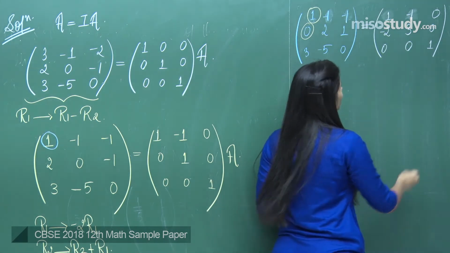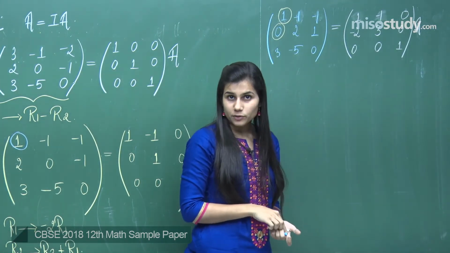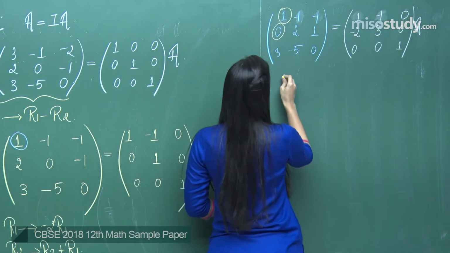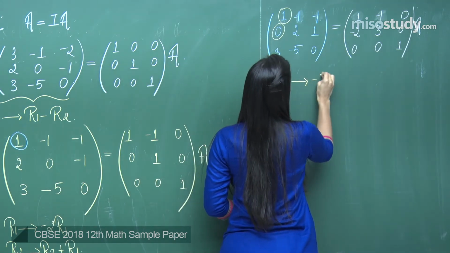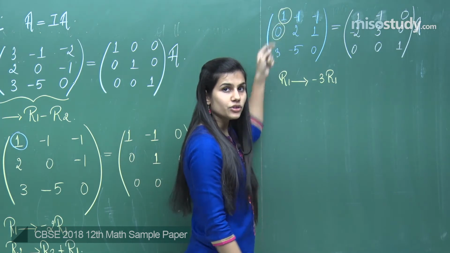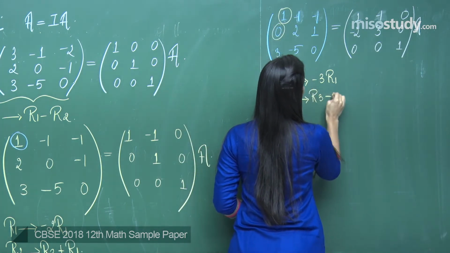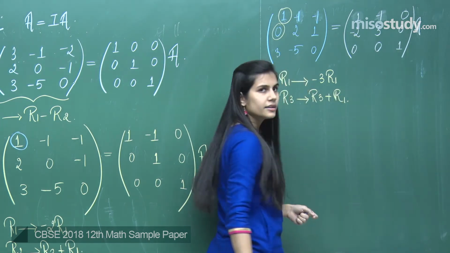Now over here, if you have got this, one more step which can be done, after which I am going to stop, is that you can say row 1 goes to minus 3 times row 1. So over here you are going to get minus 3, and then you say row 3 goes to row 3 plus row 1.